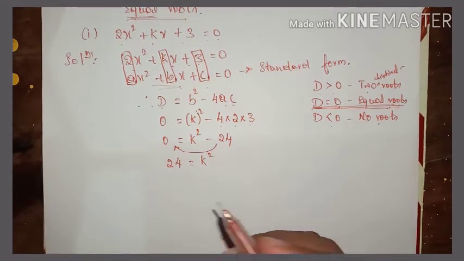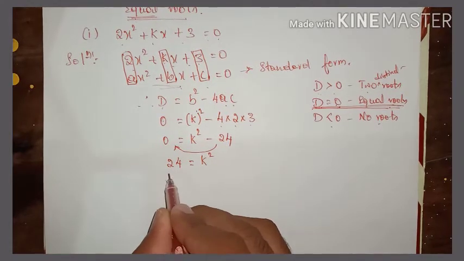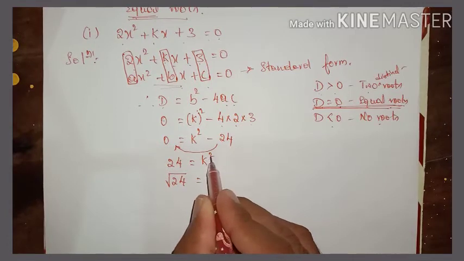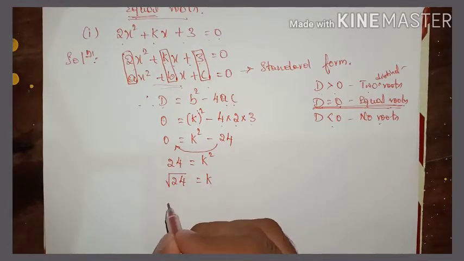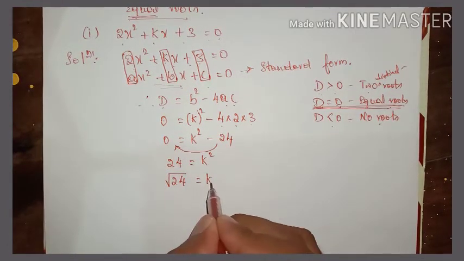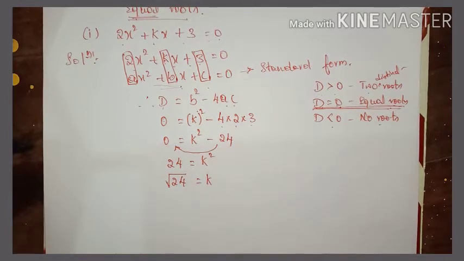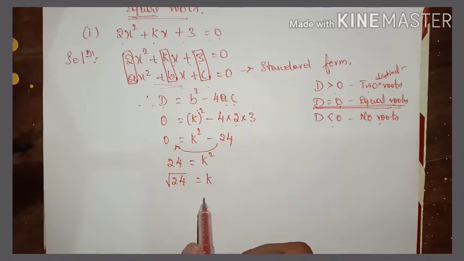In that way you can easily remember. Similarly, if a square root is sent to the other side, it becomes a square. It's just a blind method, but you can easily remember it like this.